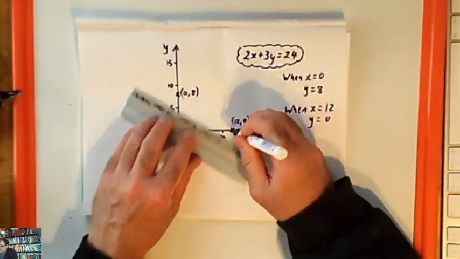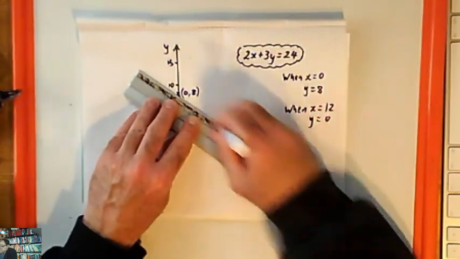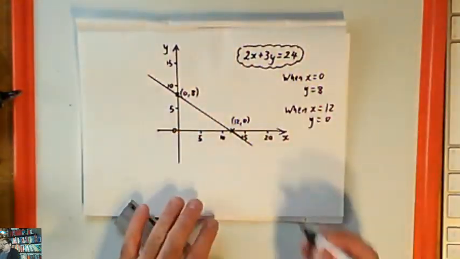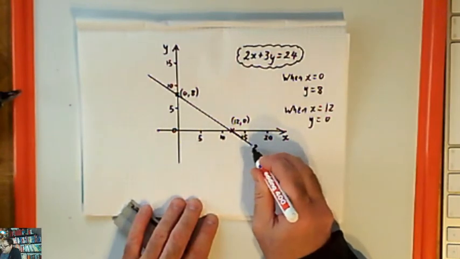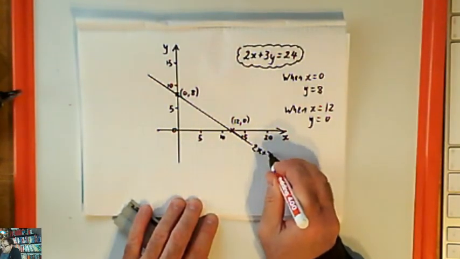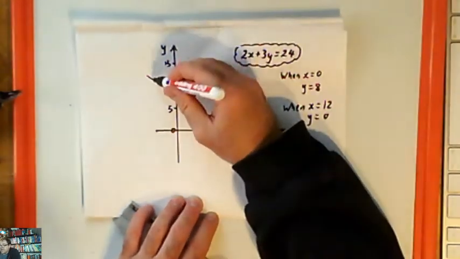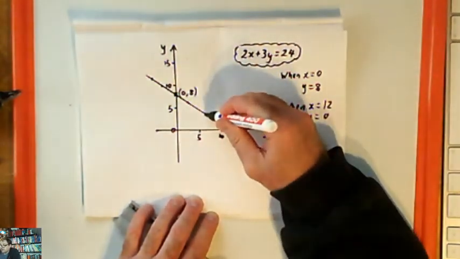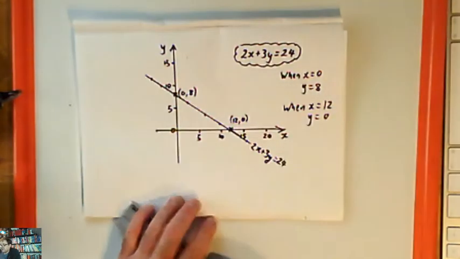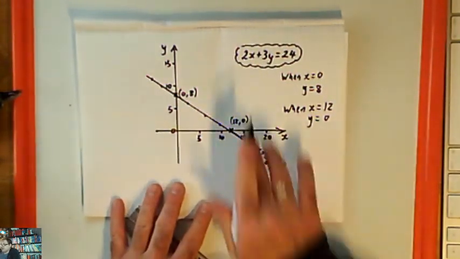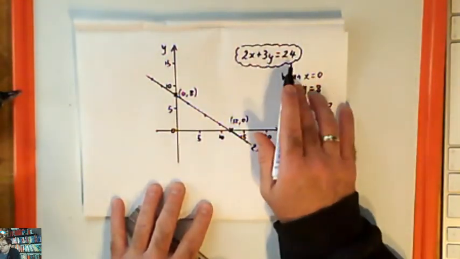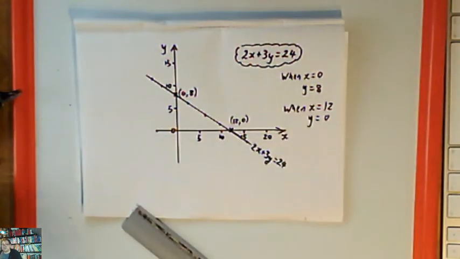And then with 2 points, you can easily join them up, and that is the line that represents the equation 2x plus 3y equals 24. If you take any point anywhere along that line and get the x and y values of that point, stick them into that equation, it should come out to be 24 every time.